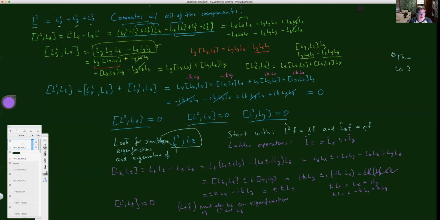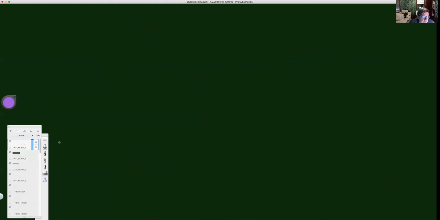Okay. All right. So let's keep going. All right, so what do we have? We want to say that this L plus minus acting on f is an eigenfunction of L squared and LZ.